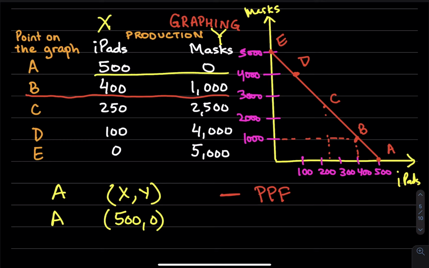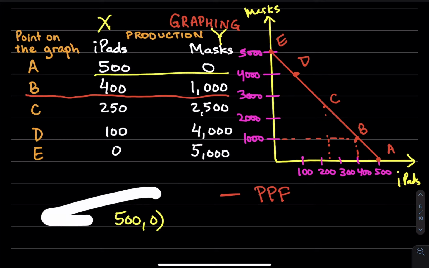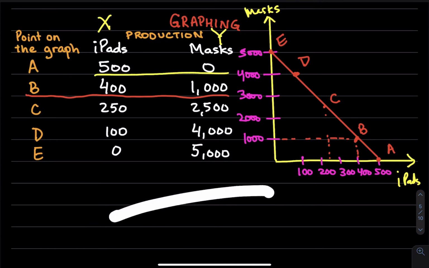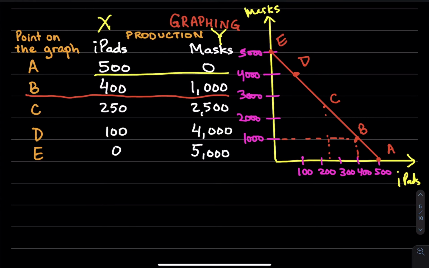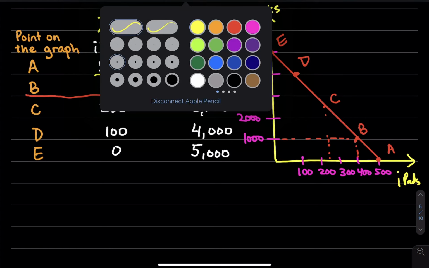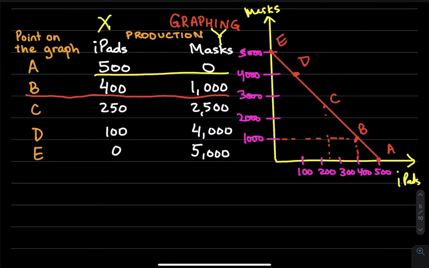Now what I would like you to do, since you've drawn this, is to try to mark 2 other points. One point would be, let me mark this with a different color, point F. I would like you to mark this on the graph, which is 100, 3000.